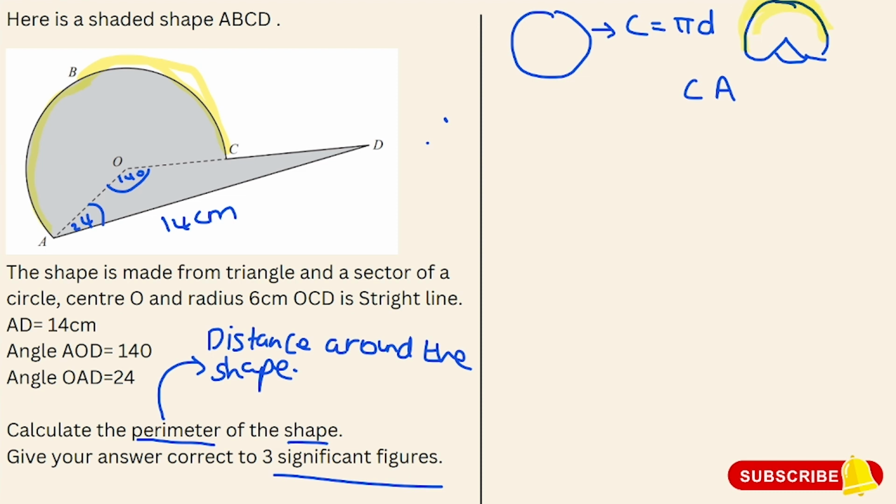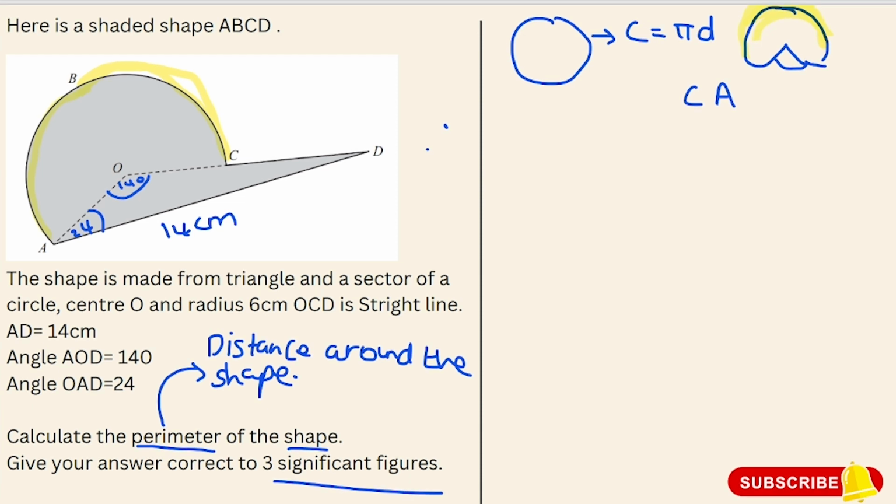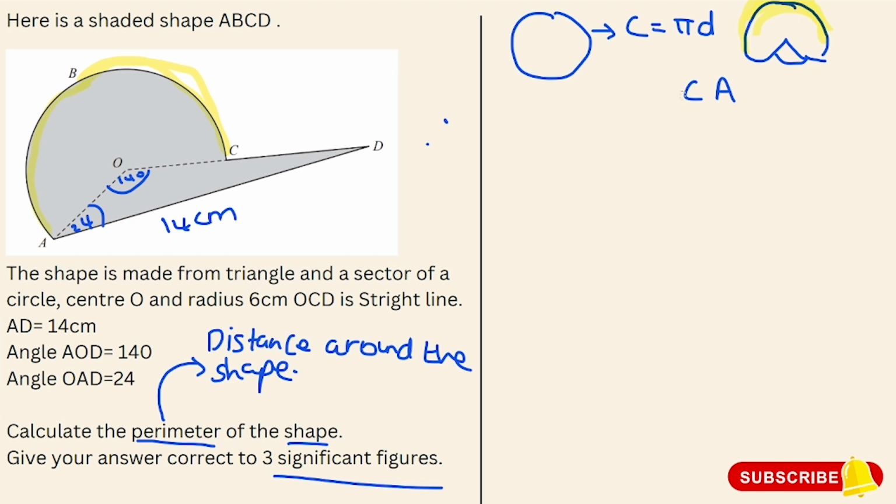To work out the circumference of the arc, because I know it's a fraction, I'm going to do pi d times 140 degrees, because we've been told it's 140. So that's 140 over 360, because I know that all of this should total up to 360 degrees.